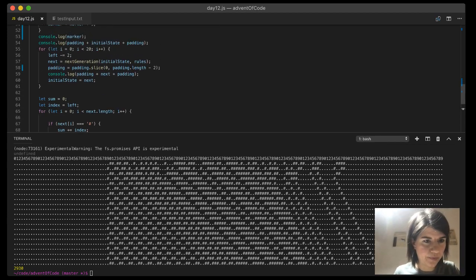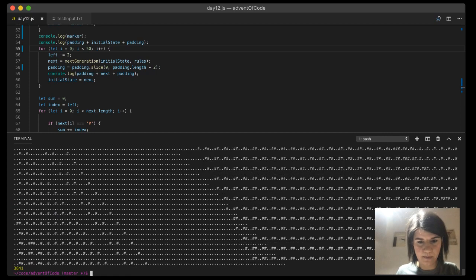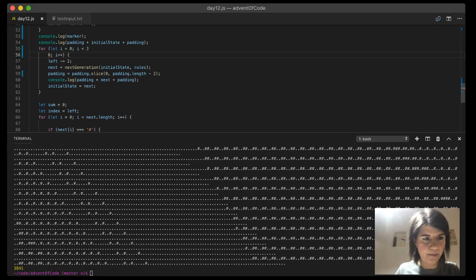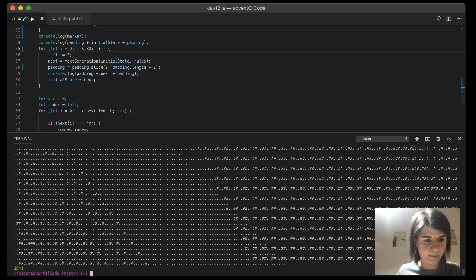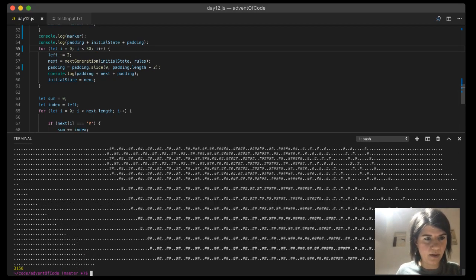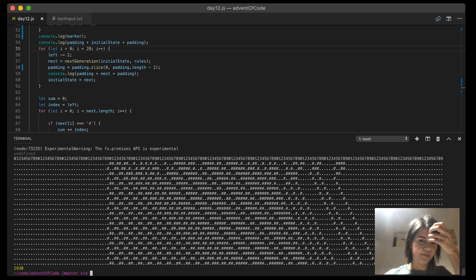So let's do a few more generations. No, that was too many. Now I can't read it anymore. Let's not do a few more generations. I guess I could cut off these first 20 letters because I know I'm stagnating here.